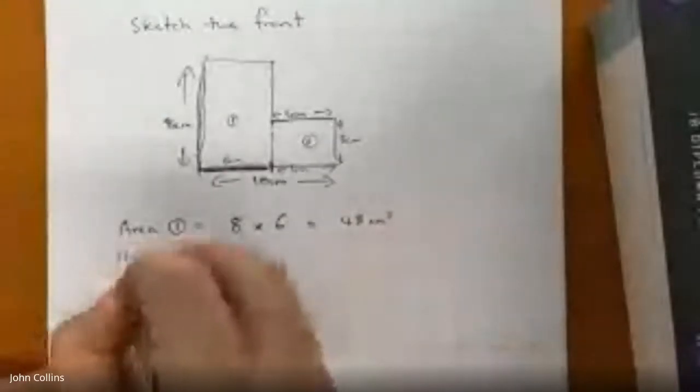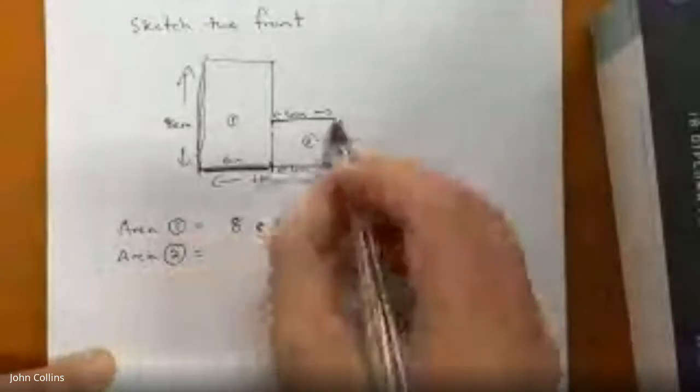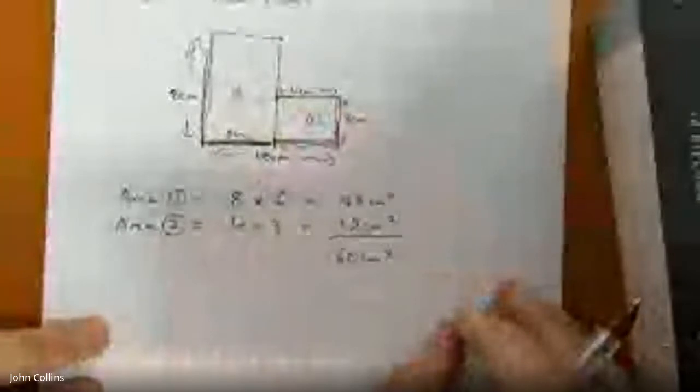Area 2 then, 4 times 3, and then 4 times 3. So 4 times 3, and that's 12 centimeters squared, I think. Add those 2 together and have the total area of the front. That's 60 centimeters squared. It'll come good.